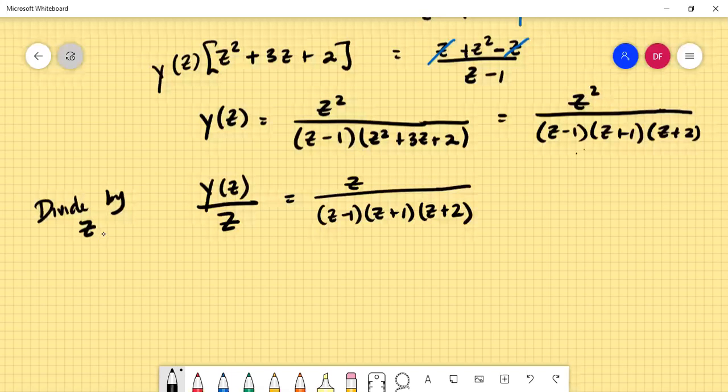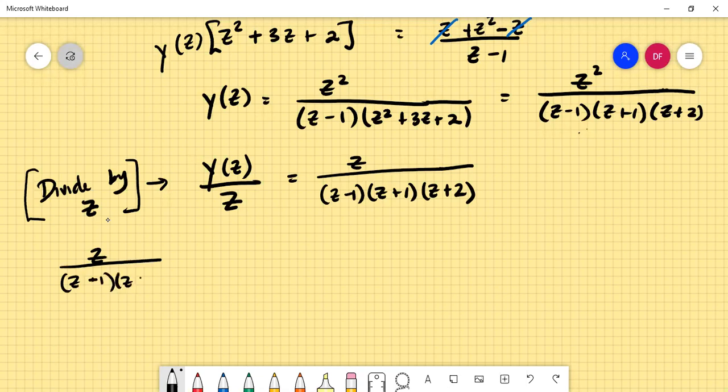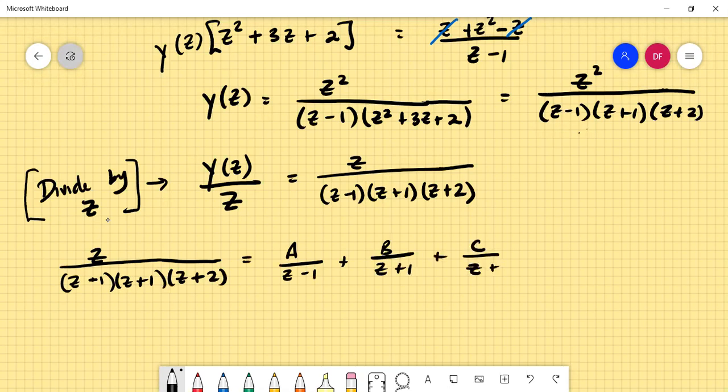So we're going to write z over z minus 1, z plus 1, z plus 2 is equal to A over z minus 1 plus B over z plus 1 plus C over z plus 2.